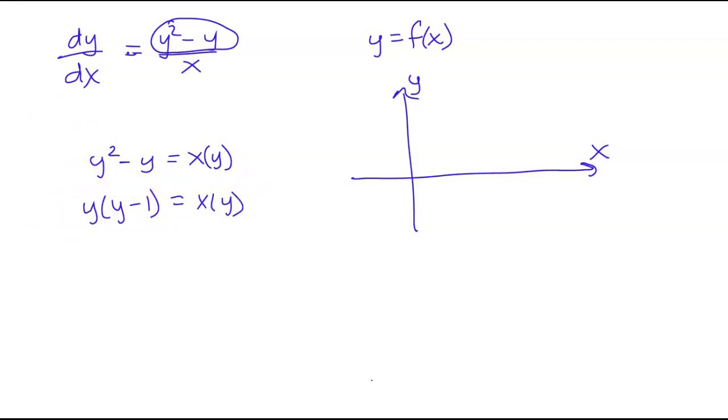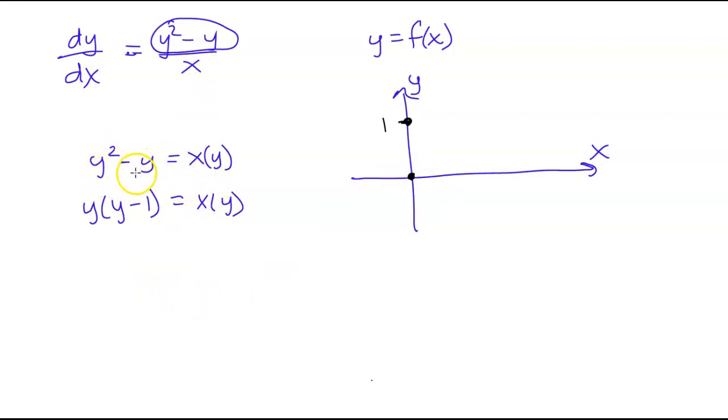And so what this is telling me here is I have a y-intercept at 0 and I have a y-intercept at 1. So let's act like here is 1, there is 0. Okay. And notice that I have y squared minus y.